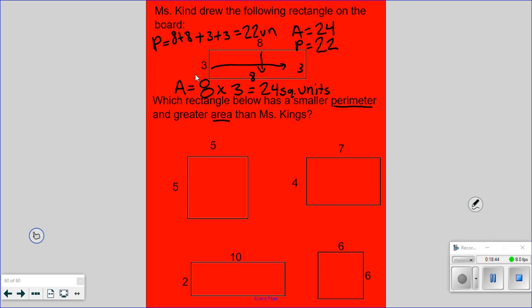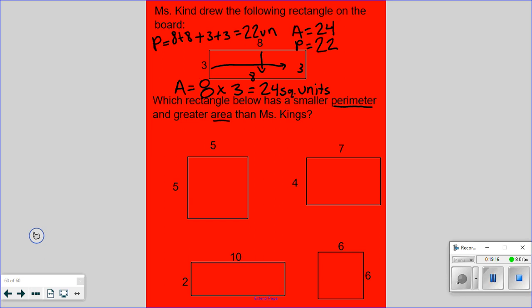We're looking for a shape that has a smaller perimeter than Miss King's, so smaller than 22, but a greater area than Miss King's, so an area bigger than 24. You can write on that paper, you can write in your notebook. Find the area and perimeter for all those shapes first.